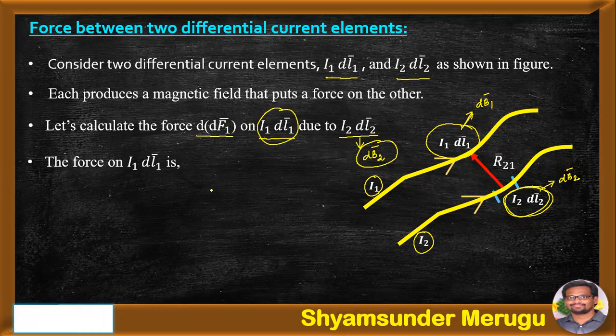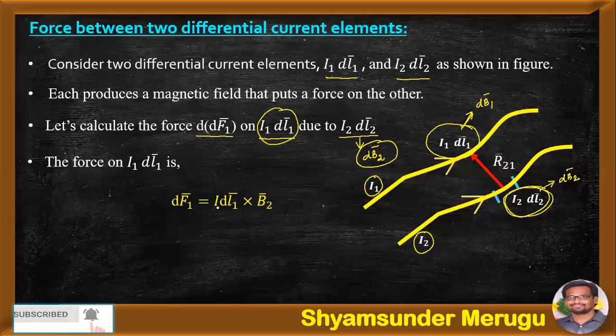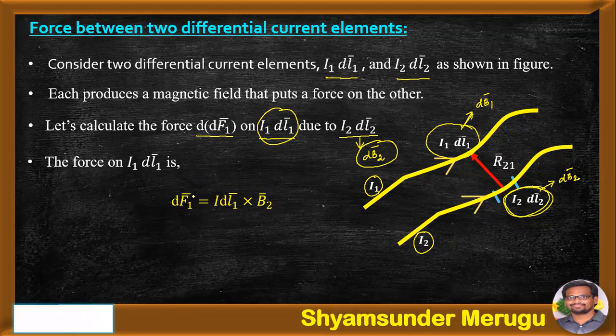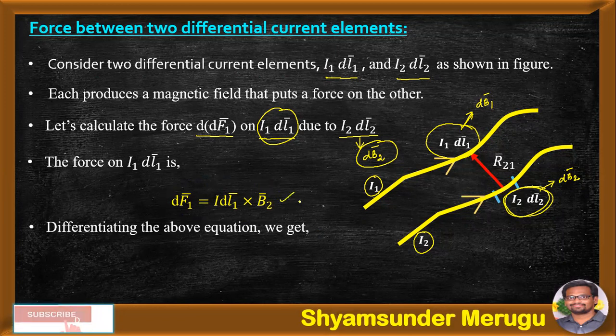Now the force on I1 dl1 bar can be written as df1 bar equals I dl1 bar cross B2 bar. This expression we can take from the expression of force on a differential current element. Now differentiating this expression, we get d of df1 bar equals I dl1 bar cross dB2 bar.